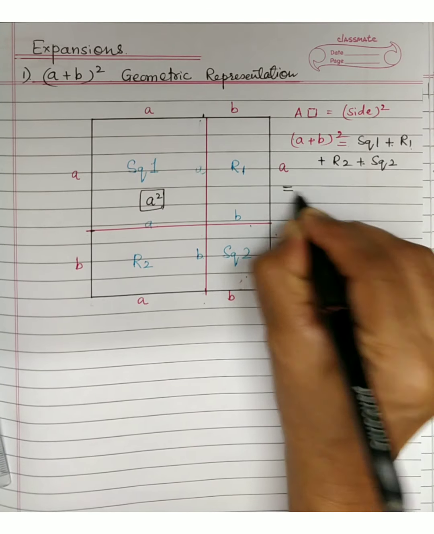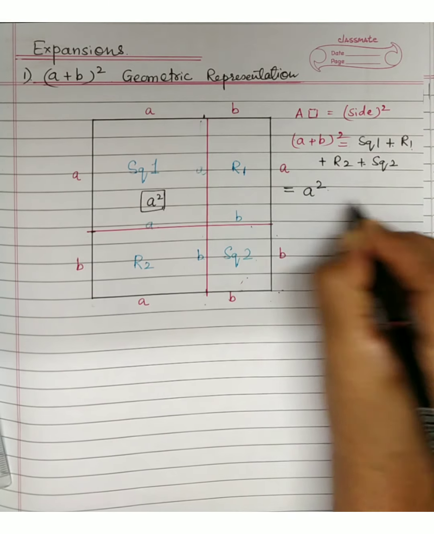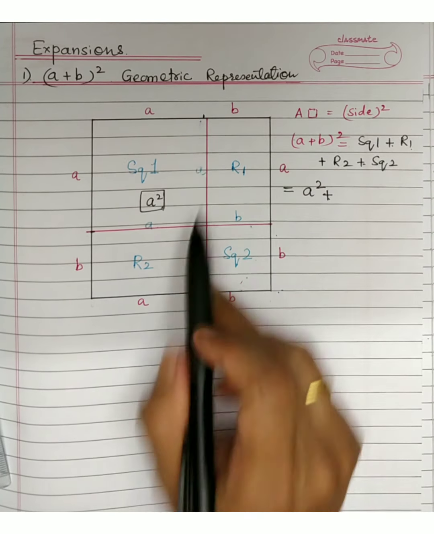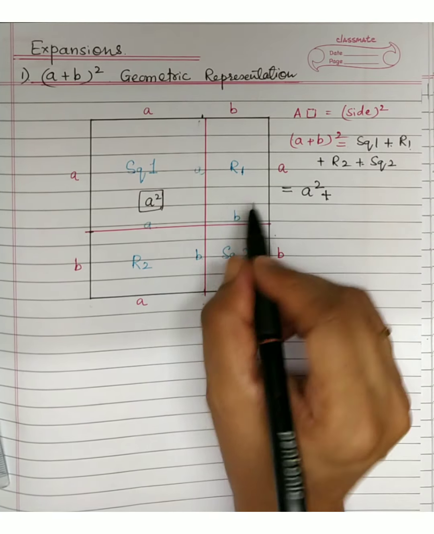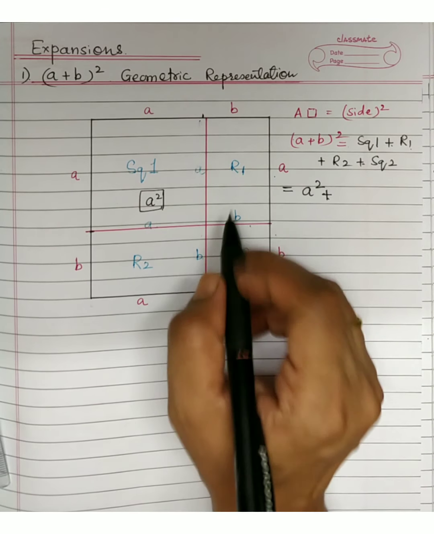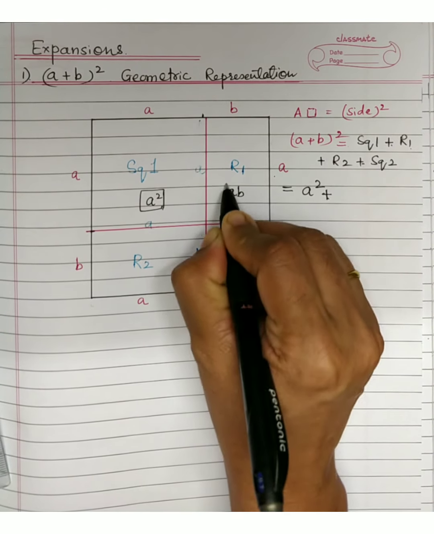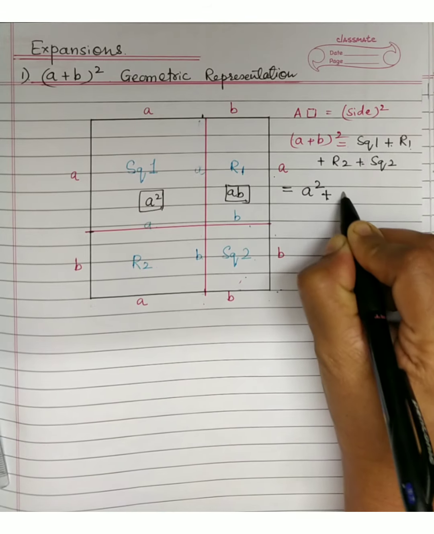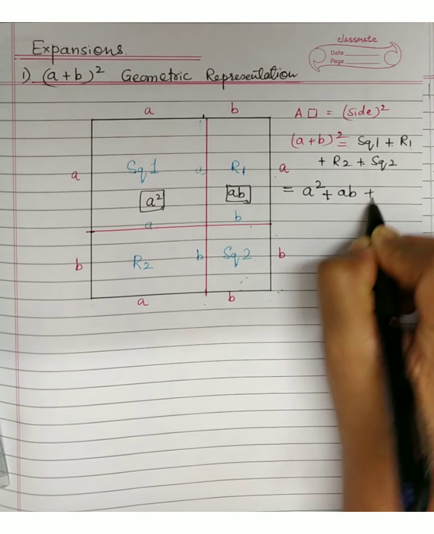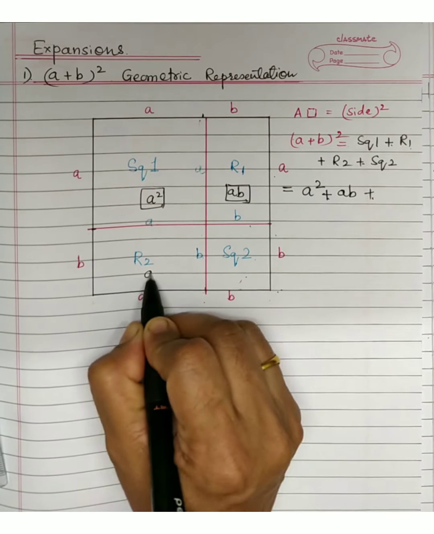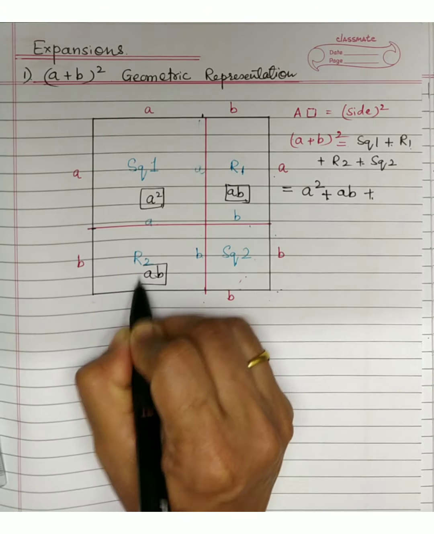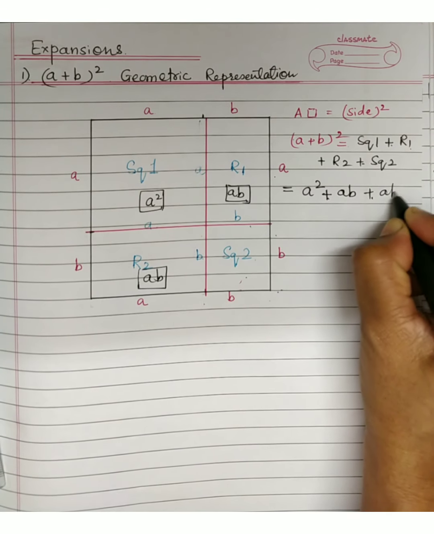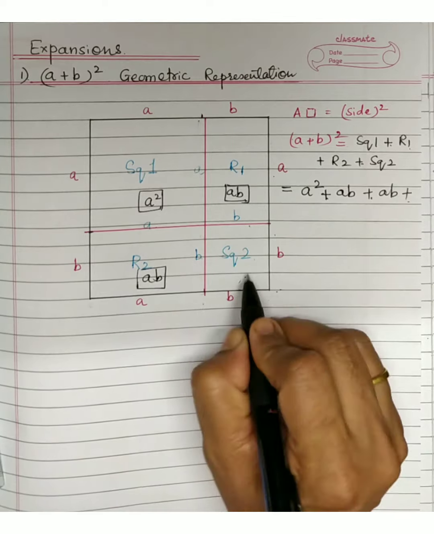So write down here a square plus, what is the area of this rectangle? Length a into breadth b, that is ab. So plus ab. What is the area of this other rectangle again? a into b, that is ab. So write here ab. Plus, what is the area of this square?